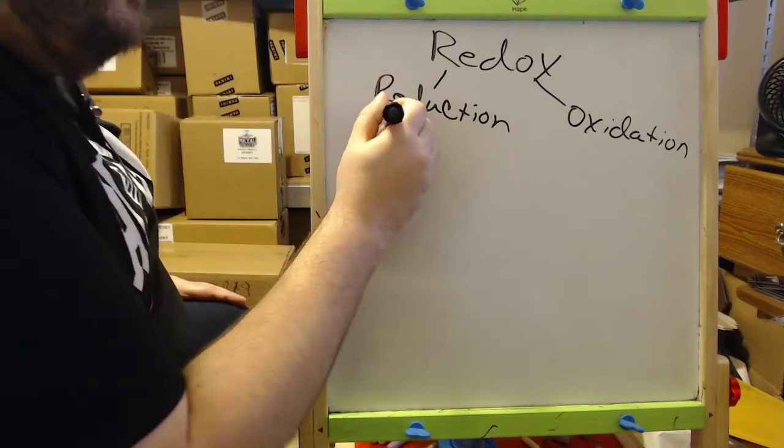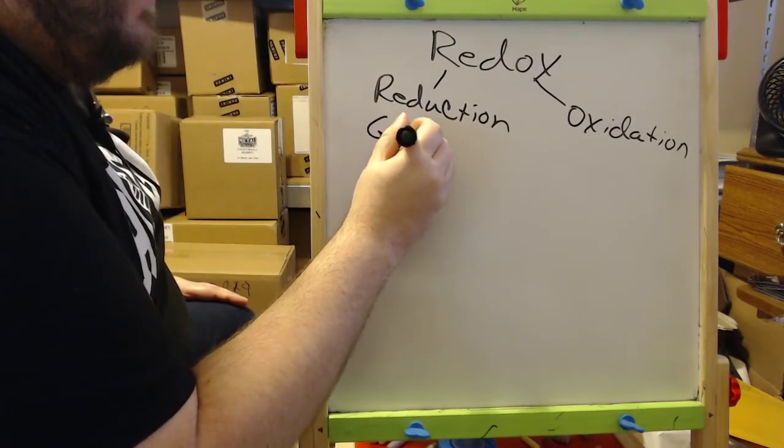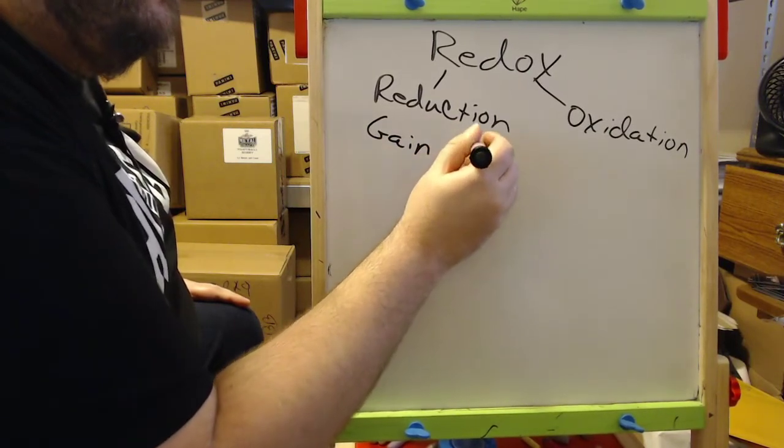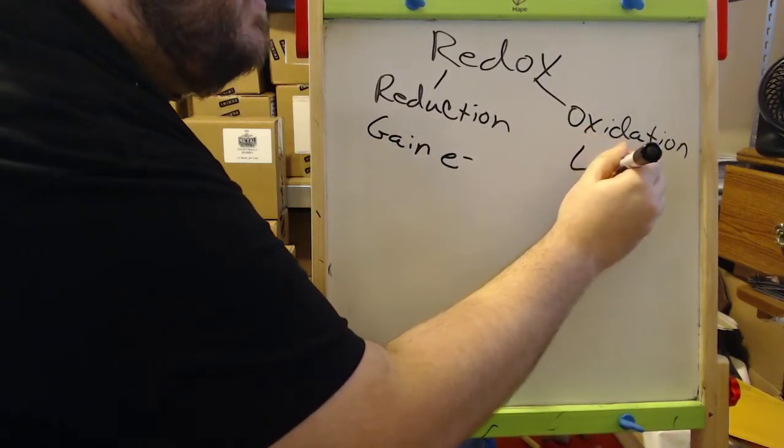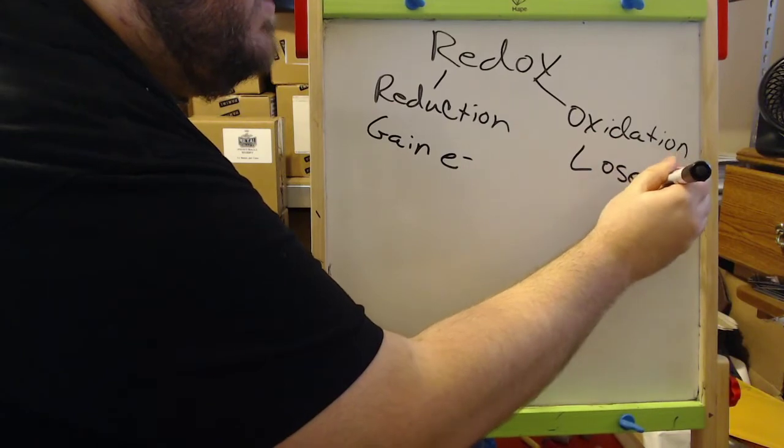Reduction is the gaining of electrons. Oxidation is losing electrons.